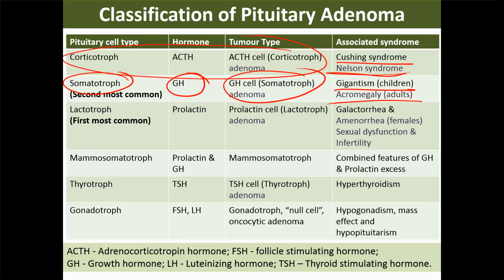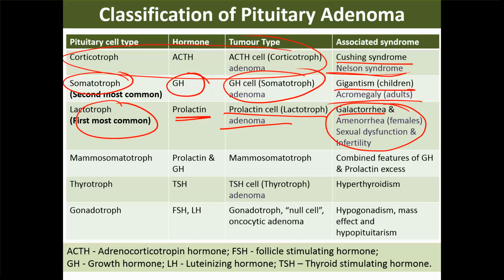If it comes from the lactotrophic cells and they produce prolactin, they are called prolactin cell adenoma, and they produce symptoms like galactorrhea in the male and amenorrhea in the female, sexual dysfunction and infertility. And mammosomatotrophic, where both the cells can be involved and produce prolactin and growth hormone.